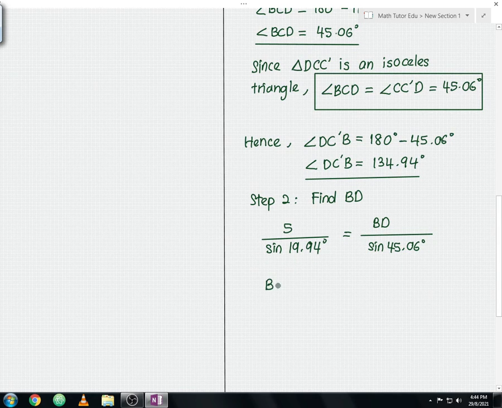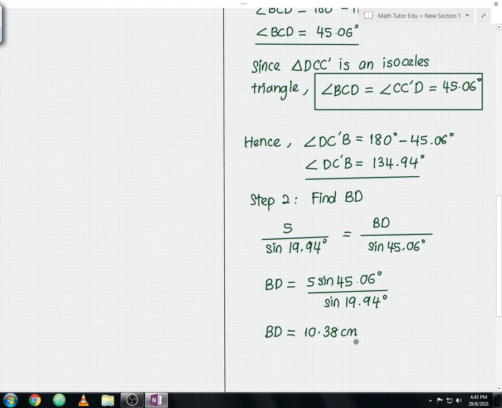So BD will be equal to 5 times sine 45.06 degrees, divided by sine 19.94 degrees. You calculate this, and you should get your length BD is equal to 10.38 centimeters. So this is your second step. Let me underline this length BD.